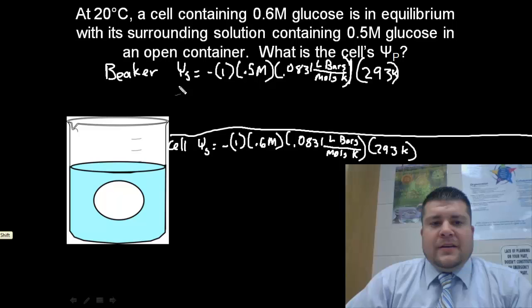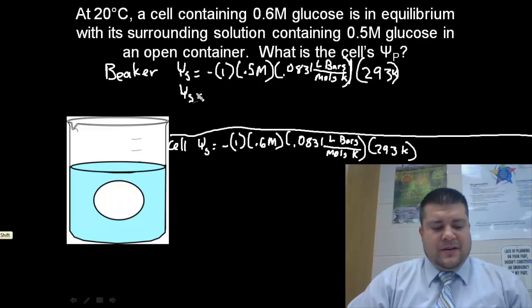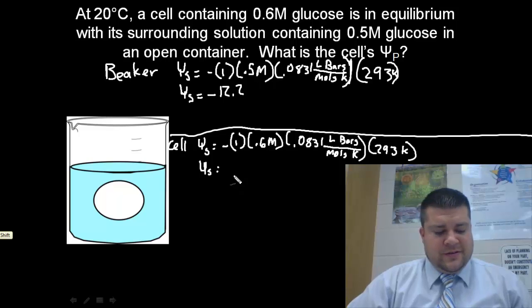Okay? Do all of the math. My psi s is going to be equal to, inside the beaker, negative 12.2, and the psi s inside the cell is going to be negative 14.6.